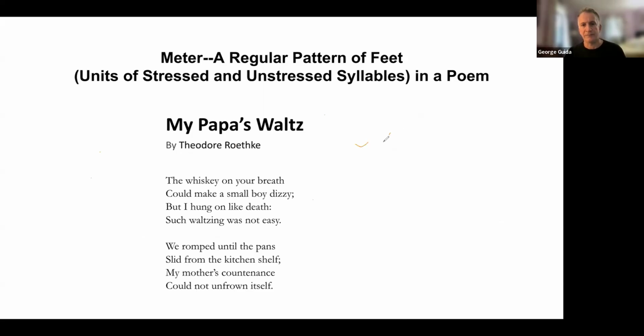Again, the iamb, the da-dum, right? But as you'll see, there's a little variation because of the subject of this poem. My Papa's Waltz by Theodore Roethke, another American poet from Michigan. He lived in the middle of the 20th century.